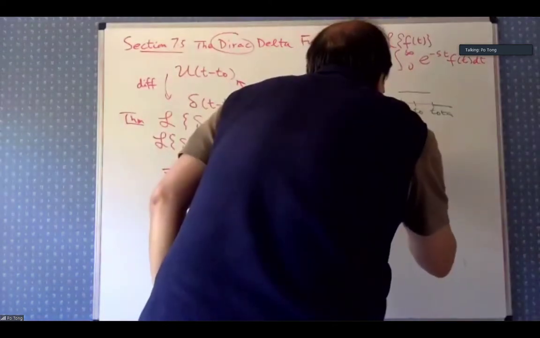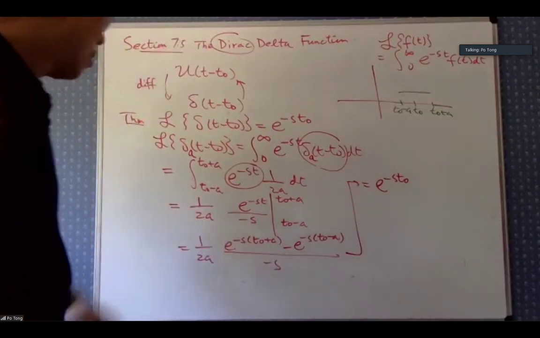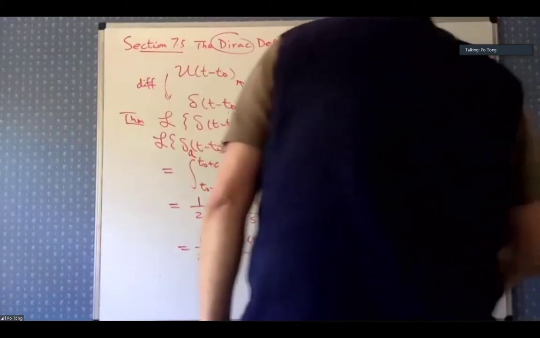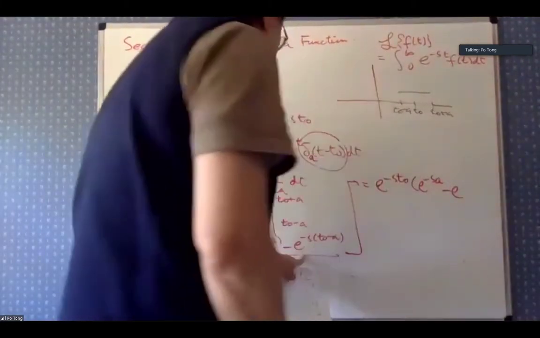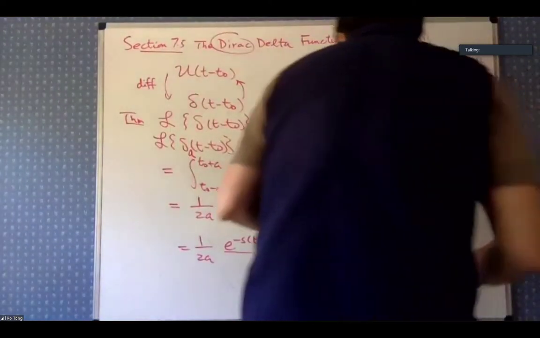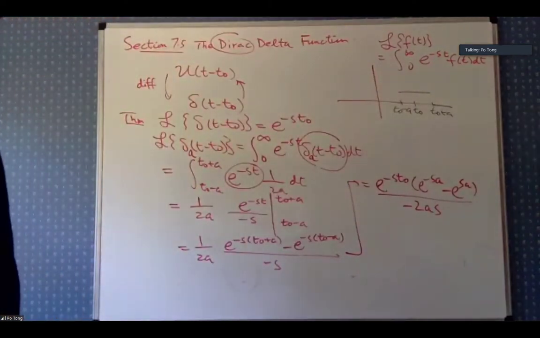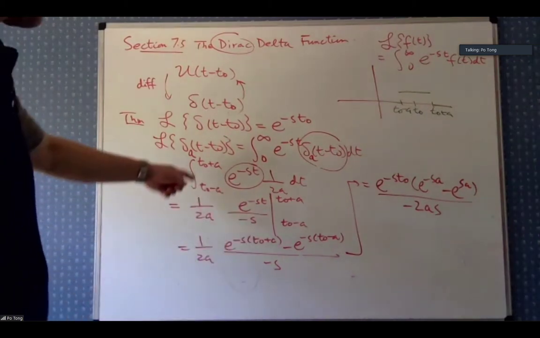What remains is e to the power minus sa subtract e to the power plus sa, divided by negative 2as. That is the Laplace transform of this guy.